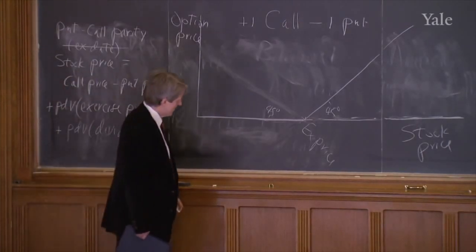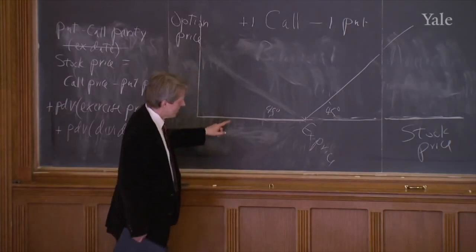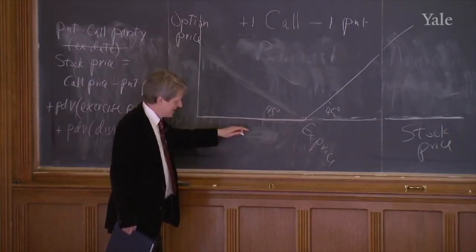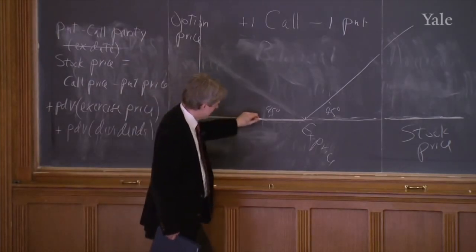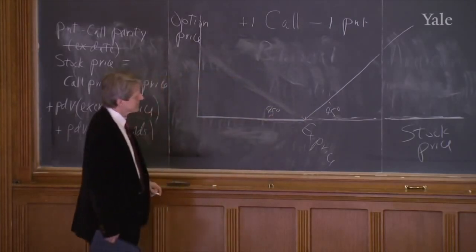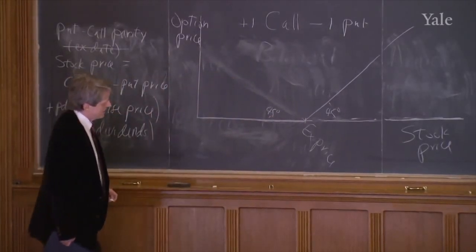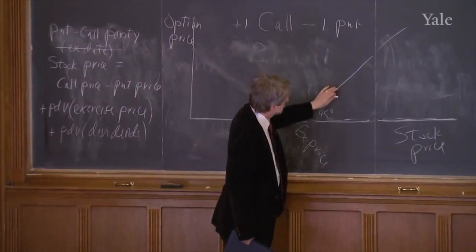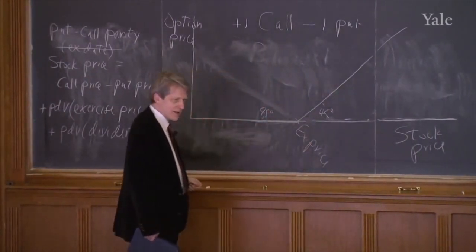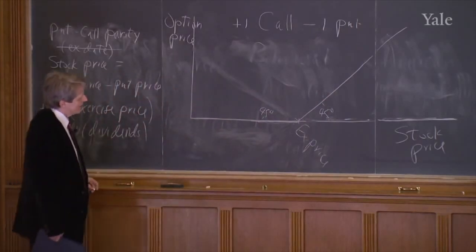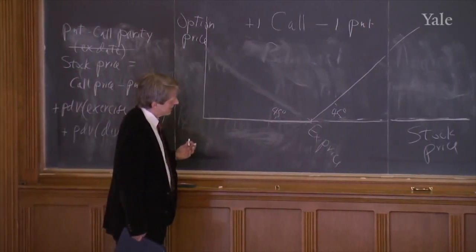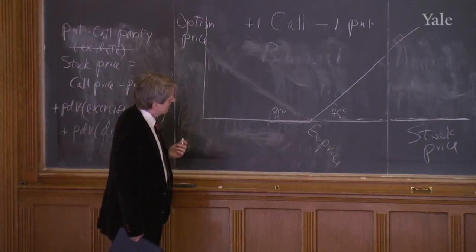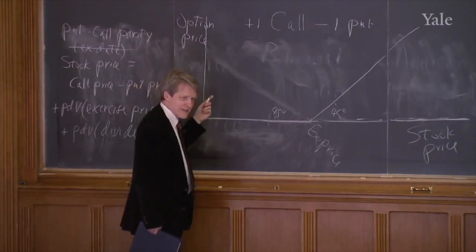Well, the price of a call can never be negative, right? So the call price has to be above this line. It can never be worth less than the stock price minus the exercise price, even before the exercise date. And also, it can't be worth more than the stock price itself.